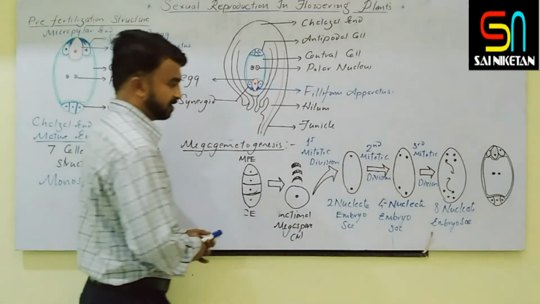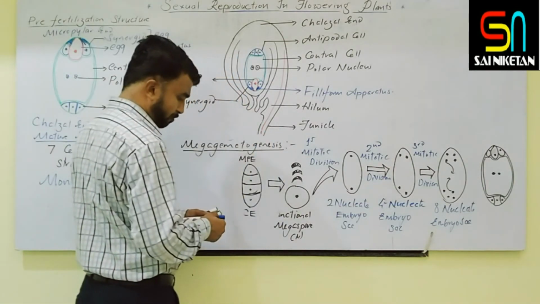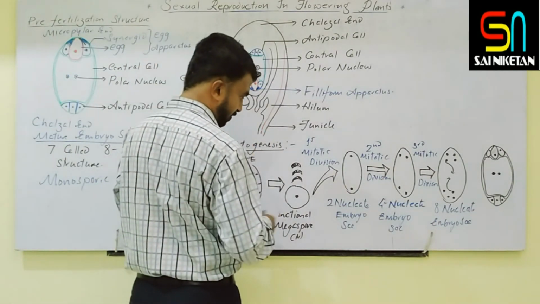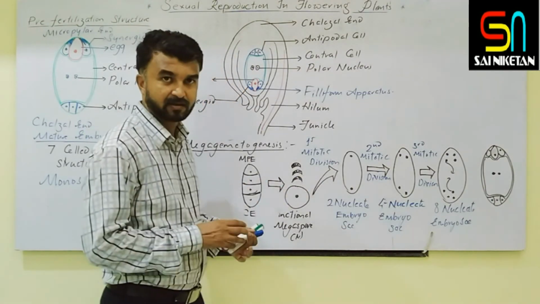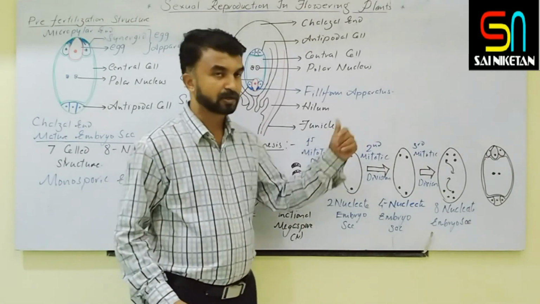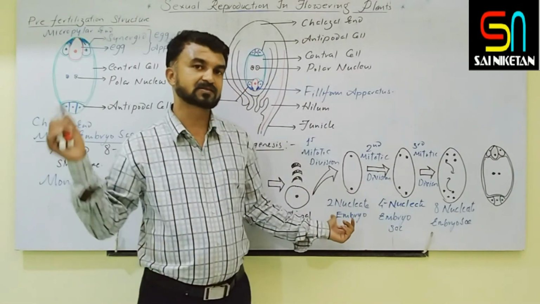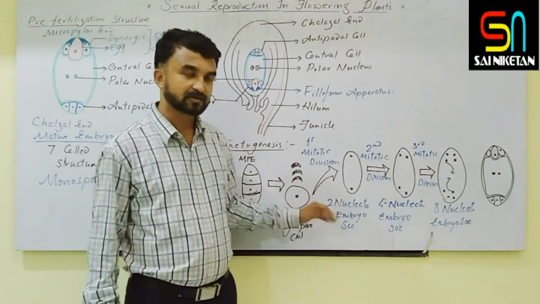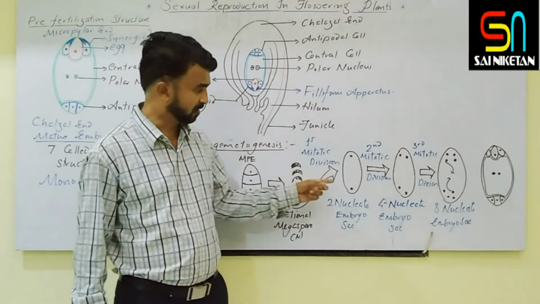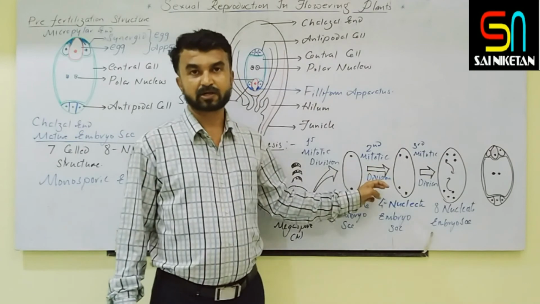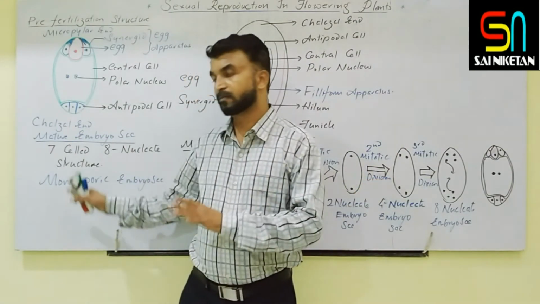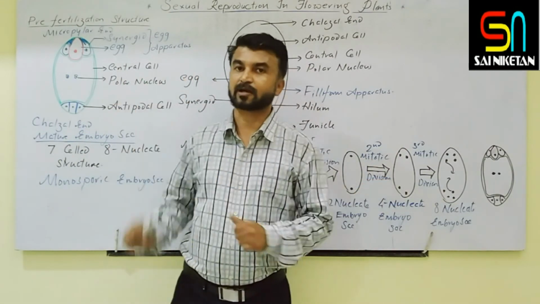Now, if 2 megaspores are functional, how many mitotic divisions are required to produce the 7-celled 8-nucleate embryo sac? Obviously, if 2 nuclei are already present, then only 2 mitotic divisions take place and ultimately the same embryo sac is produced.